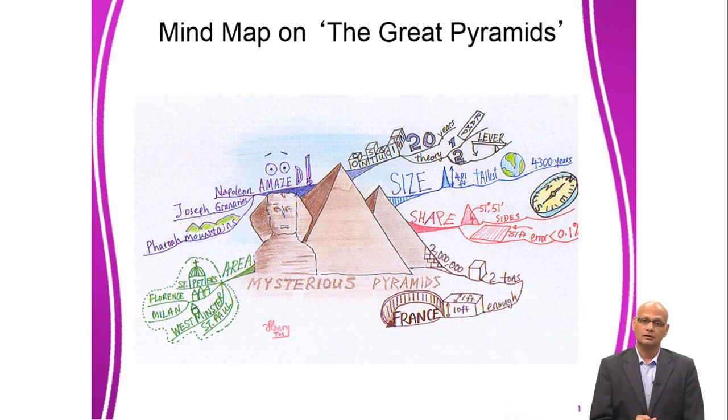Color would be used as a memory trigger. Your brain after a while, hey, there was something on the brown branch that I had written. It's going to use that. Hence, we should not have two same color branches next to each other. Use images wherever possible and try to make these images multicolored.